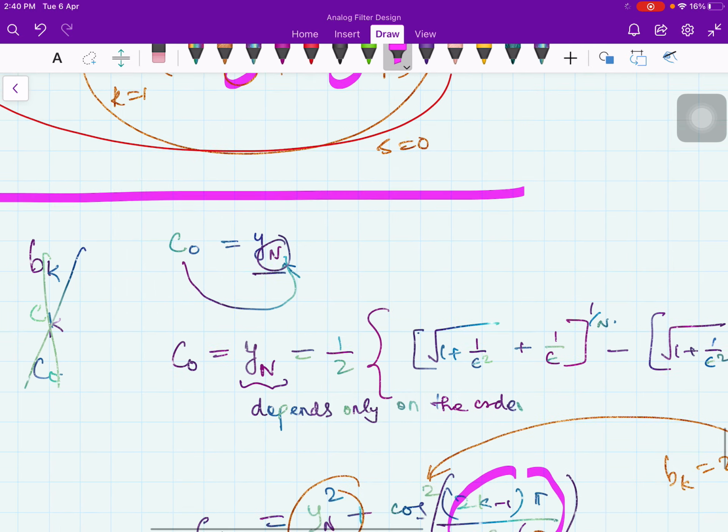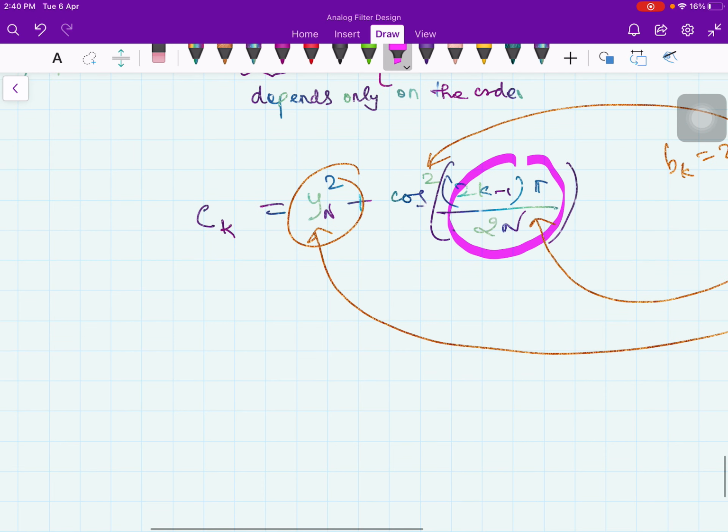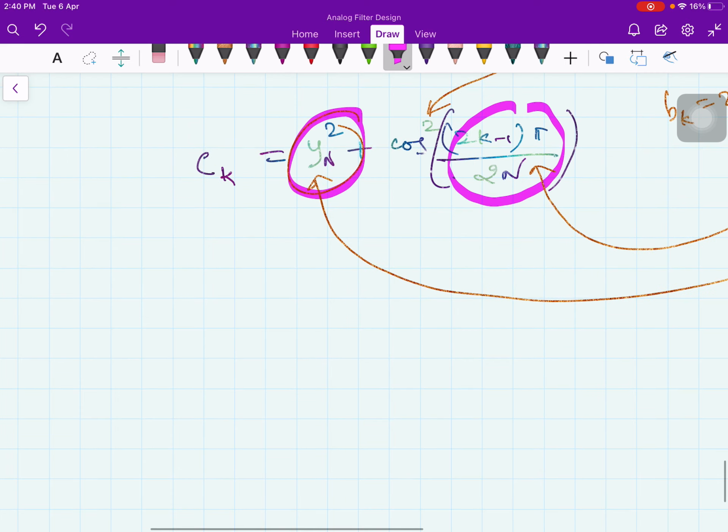I need to include these in the formula also. This can be derived, but I didn't go through the derivation. They can all be derived, but there is a lot of algebra involved, so I don't want to go into that.